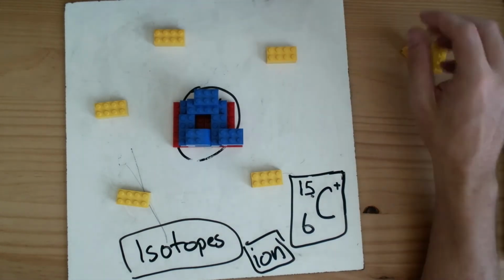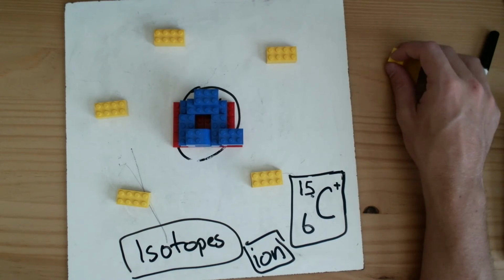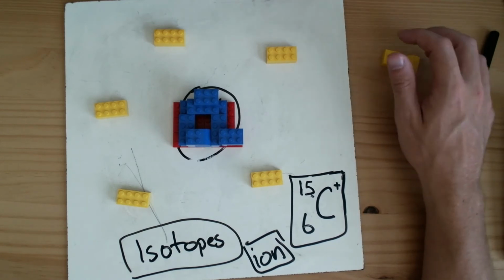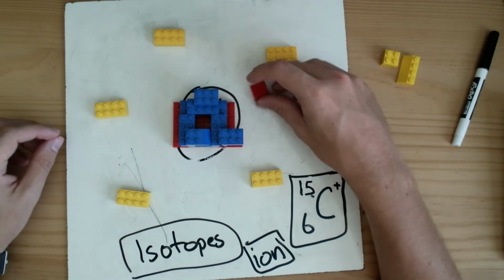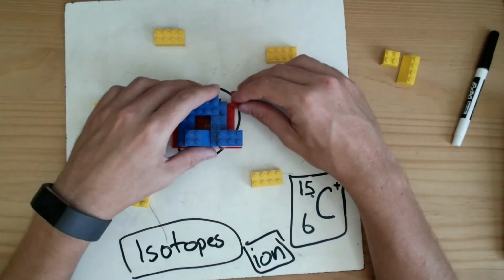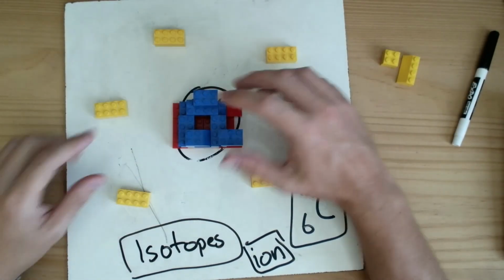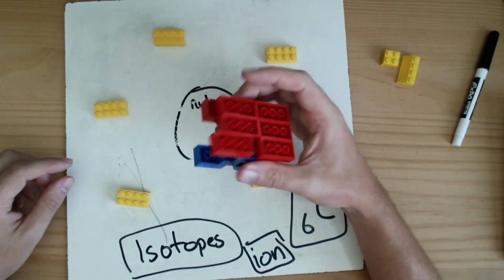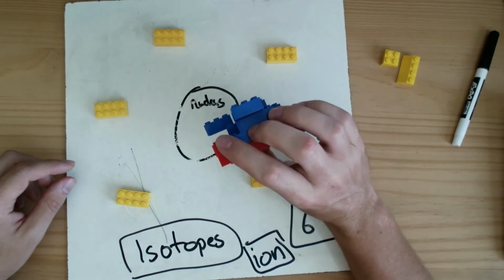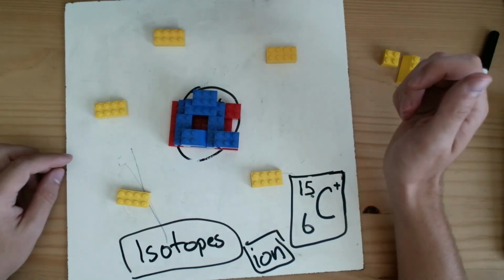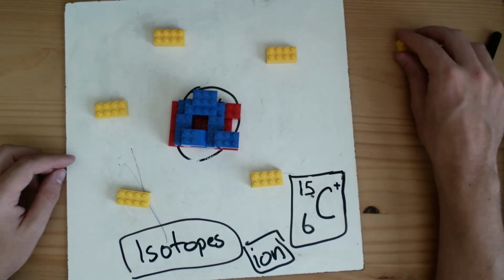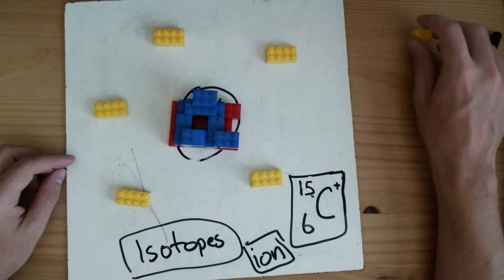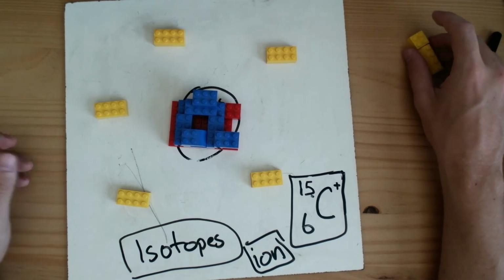Now, you might find yourself asking, well, couldn't I have just added an extra proton to it? So if I was to take this thing, and here's a proton, I can add another proton to it. I'll stick it on there. I now have 1, 2, 3, 4, 5, 6, 7 protons. This thing is now no longer carbon. You might remember that I said protons give atoms their identity.